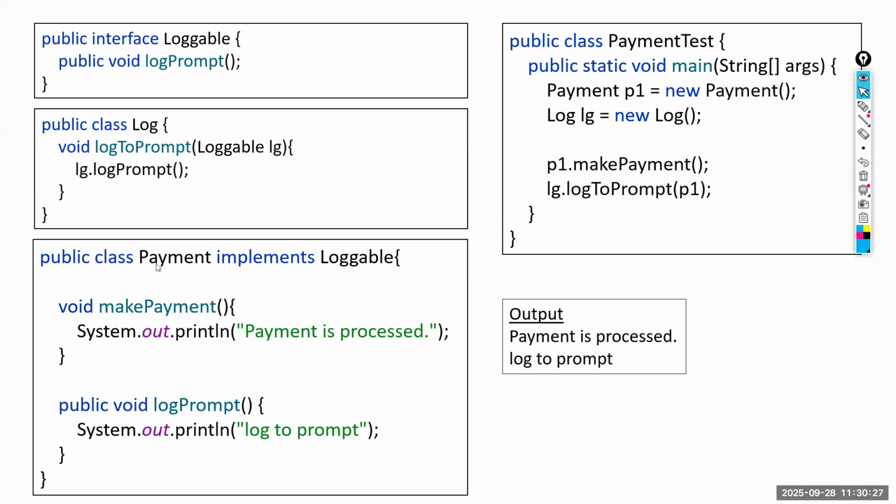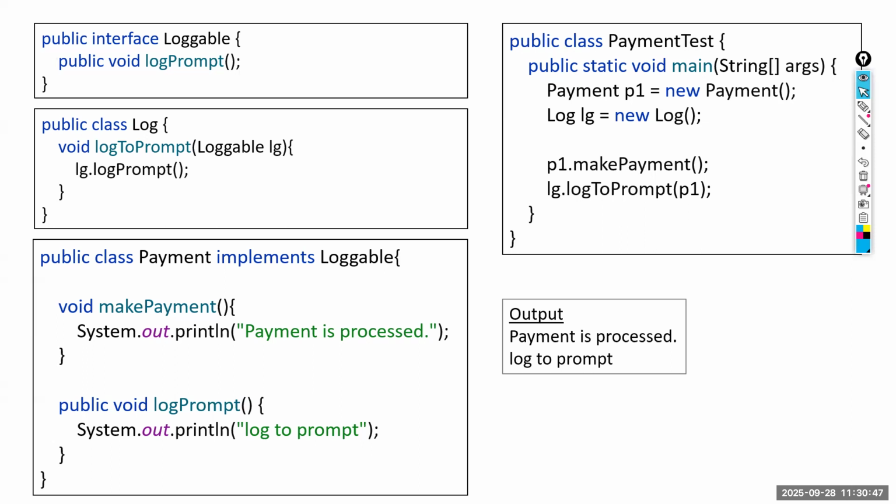So that means you must have implemented the log method, the logPrompt method. If someone calls the logPrompt method, someone must be able to call it for Payment objects. That is what is meant by Payment is a Loggable. Payment implements Loggable.